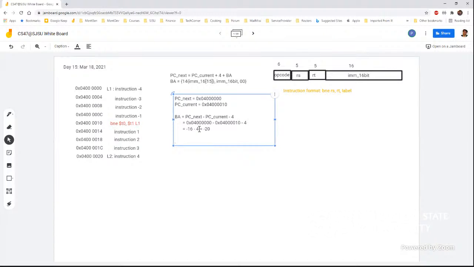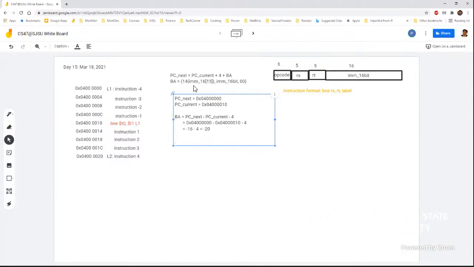Now, BA equals PC next minus PC current minus 4. Okay, this seems okay. And then the question becomes, what is my immediate 16-bit? We are basically focusing on this bit pattern. What should I put there? BA is one intermediate step to compute. This is minus 20.